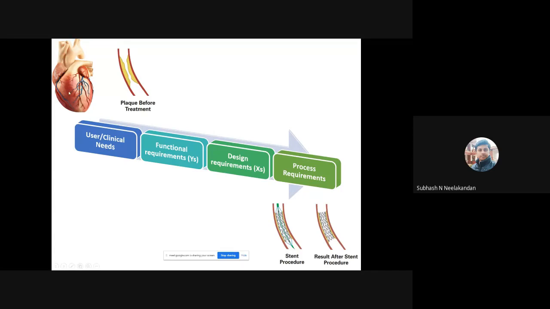Just to give an example, say there is a clinical requirement like a device required for treating heart attack and heart blocks. That is a condition where there is a small fatty deposit inside one of the blood vessels supplying blood to the heart. In the existing market, there are many devices called stents.